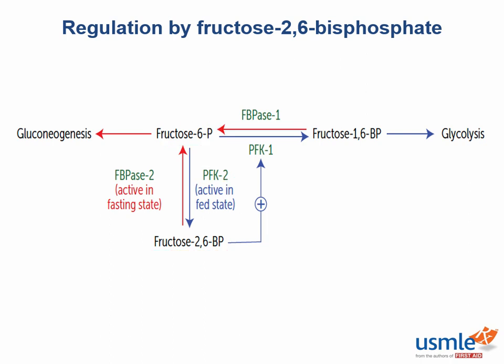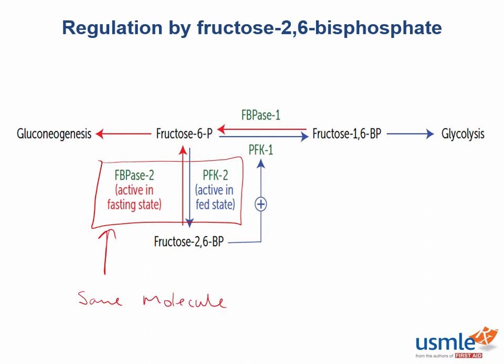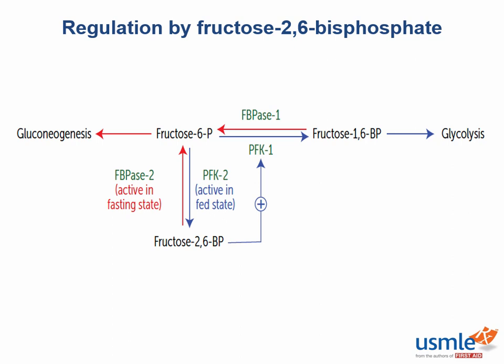And the reverse reaction can also take place, where fructose 2,6-bisphosphate is acted on by fructose bisphosphatase 2 to form fructose 6-phosphate. An important point to remember here is that fructose bisphosphatase 2 as well as phosphofructokinase 2 are actually a part of the same protein, but they respond in opposite ways to phosphorylation by protein kinase A.